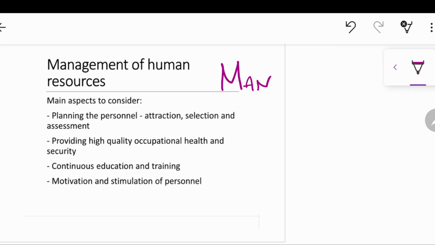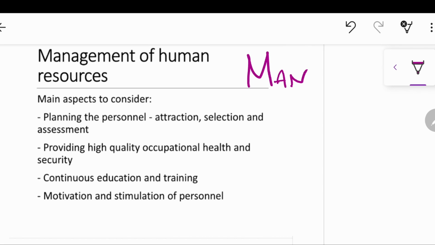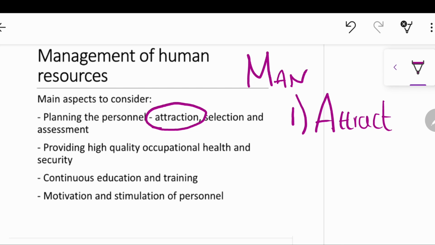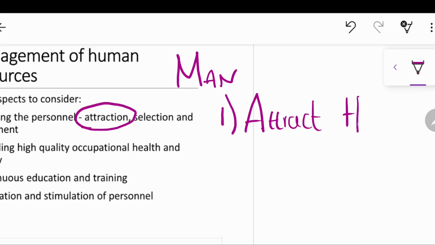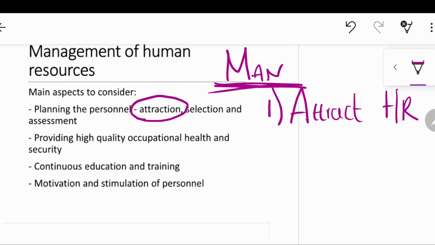We need to identify who is helpful. So we need to plan the personnel. So we need to attract these personnel, these human resources. So first, we need to attract these human resources. That's what a manager should first do.